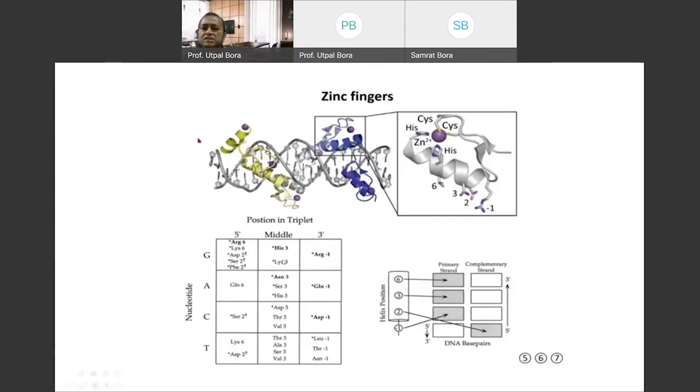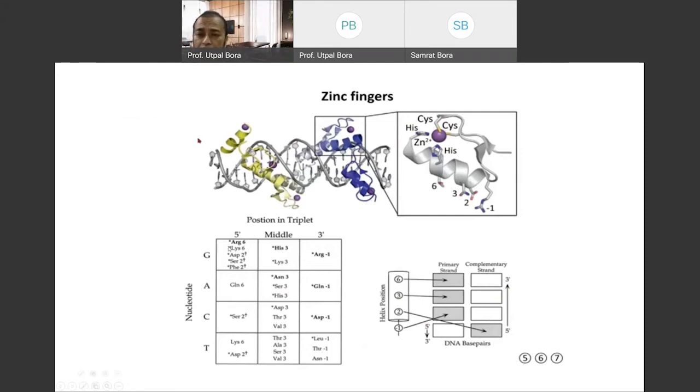For the zinc fingers, as I told you, you can see different types of amino acids leading to different types of recognition.